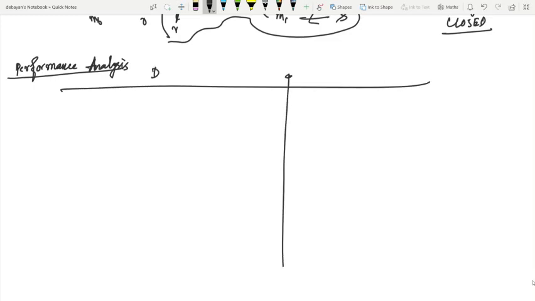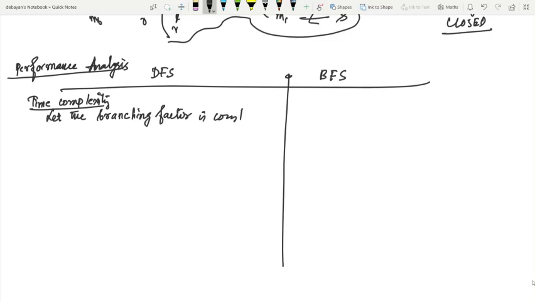This is the corresponding BFS and this is the DFS. First we discuss the time complexity. Let the branching factor be constant; that is what we take as an assumption.